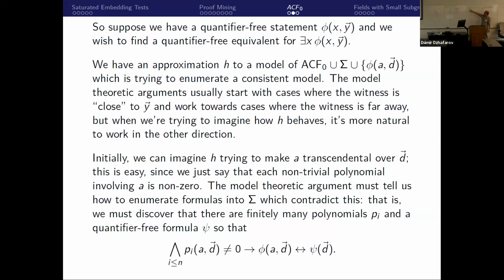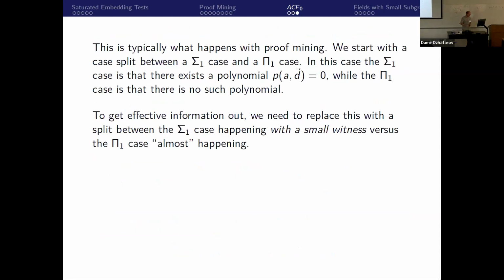Actually worse, whether this is a minimal polynomial depends on facts about the D. So you have to write a long argument about how the D's control polynomial division to establish whether it's minimal. Okay, this is the spirit of what happens: you turn the model theoretic argument into an algorithm, and you discover that all the calculations going on the model theory side are really telling you about some formulas that have to be true.